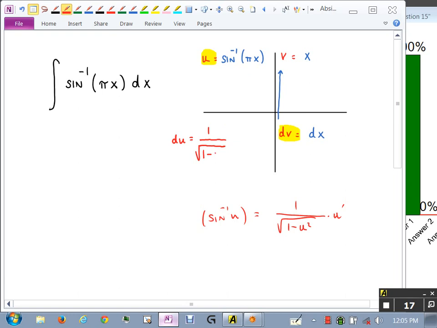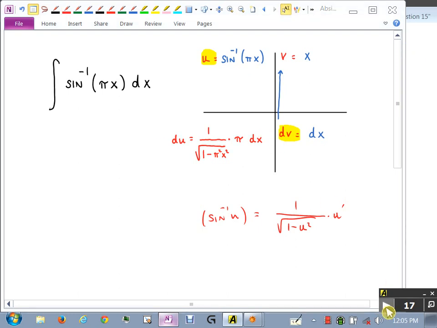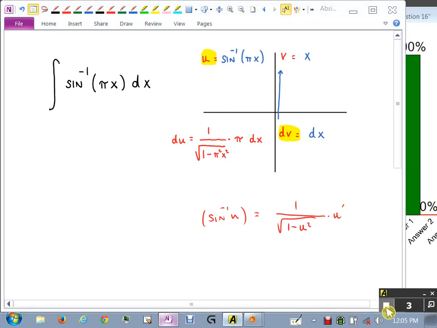So how about I write that pi squared x squared? I could leave it as pi x in parentheses squared, but I'm just going to square the pi and square the x. And then times the derivative of pi x, which is pi, and then I always tack on to the end of this dx. Okay, let's take a poll. How many of you are with me still?